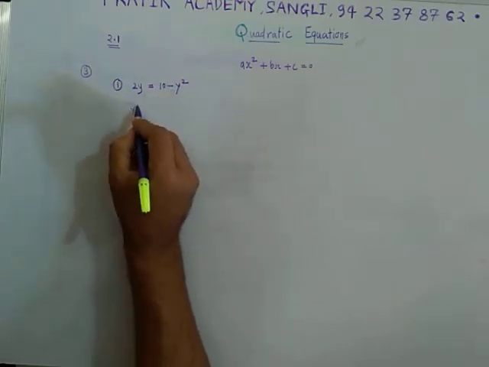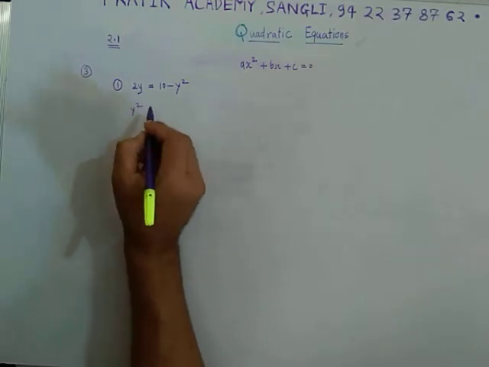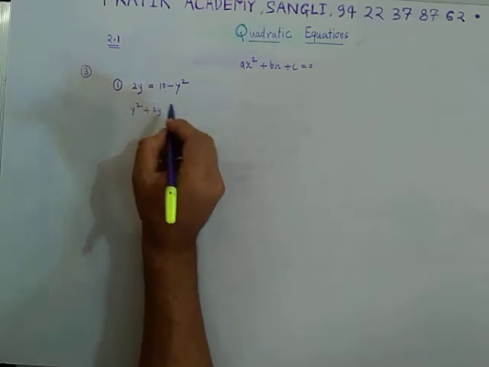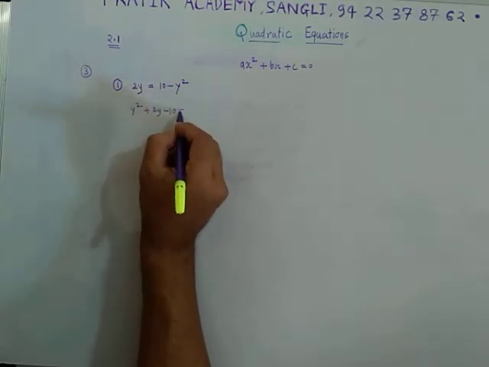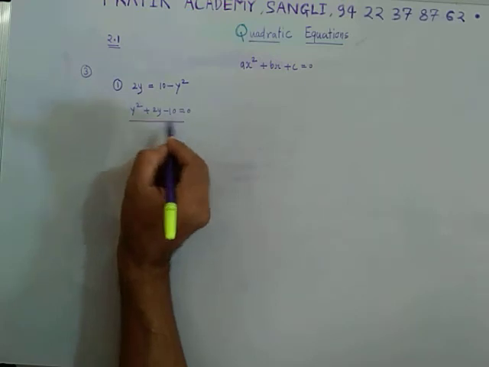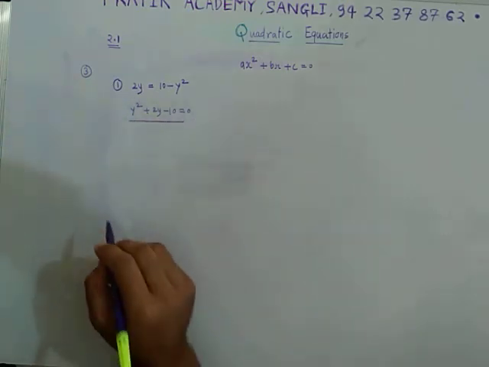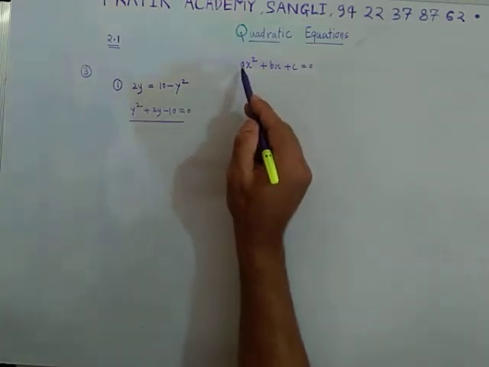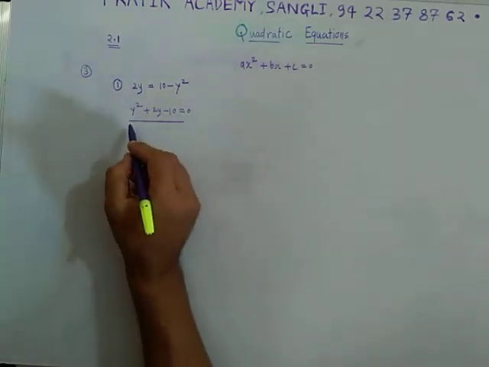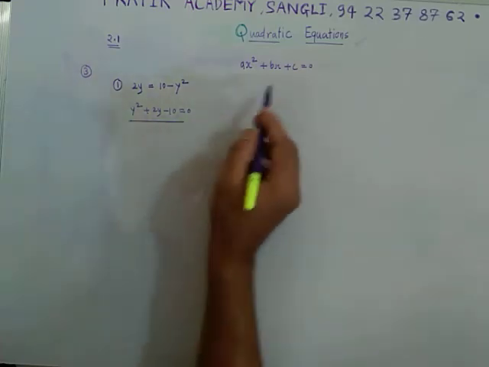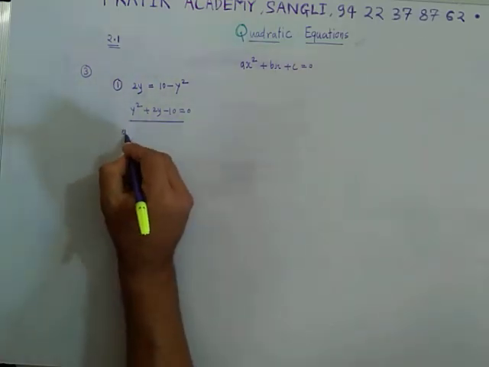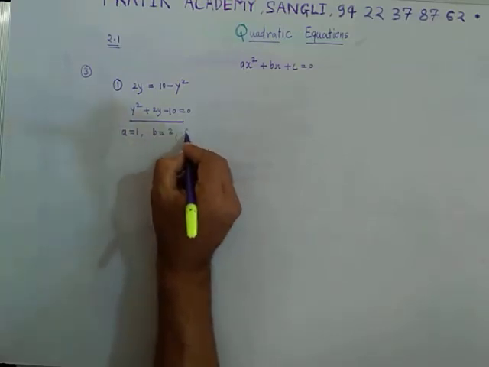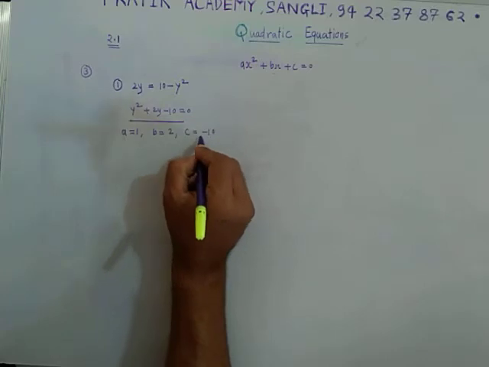Taking it to the left hand side, it becomes plus y square, then plus 2y as it is, plus 10 becomes minus 10 is equal to 0, and this is the standard form. Now the next part is to find out a, b, c. If we compare this equation with the standard form, we get a as 1, b as 2, c as minus 10.